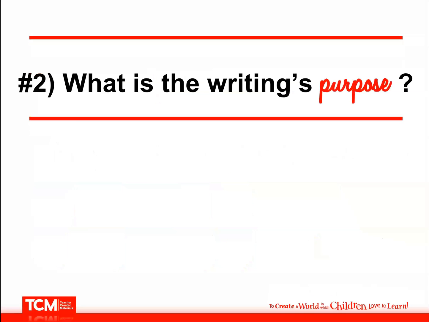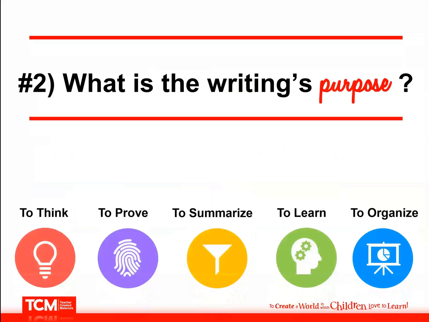The second consideration is the purpose for writing. In Rebecca Harper's book, Content Area Writing That Rocks and Works, she presents 5 main writing purposes. Writing, she said, can be used as a tool for thinking, for proving opinions, for summarizing, for learning, and for organizing.